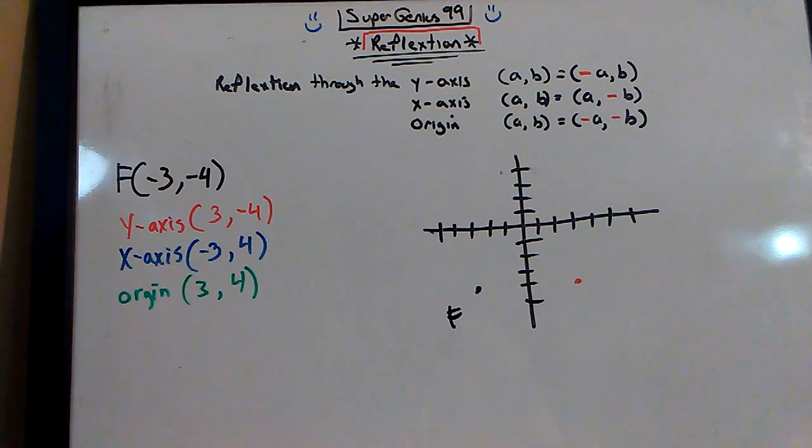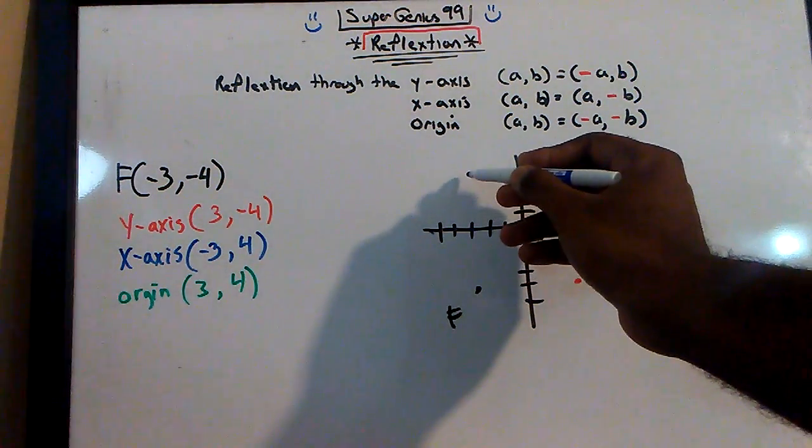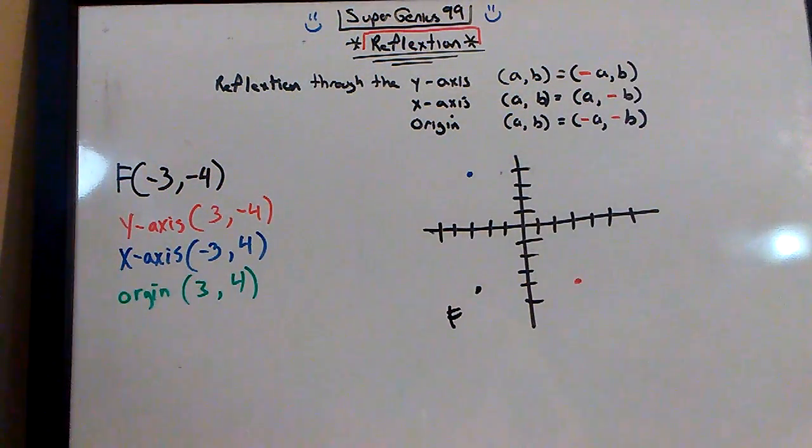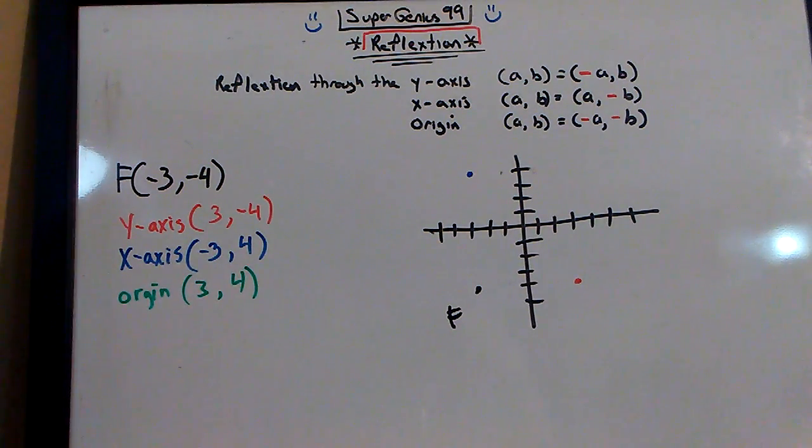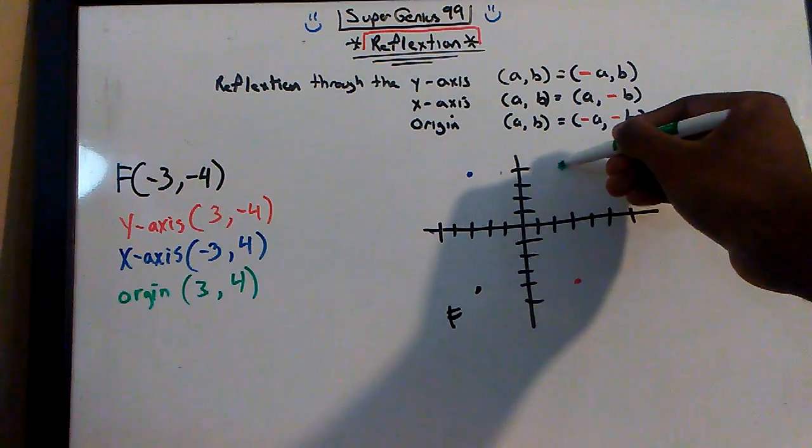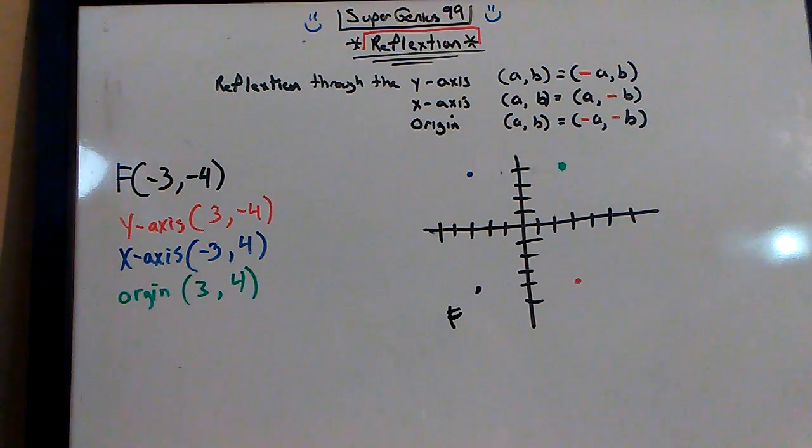Reflection across the x-axis: -3, +4 right there. And reflection with respect to the origin: +3, +4 right there. So sometimes it helps to do it out analytically before you do it out graphically.